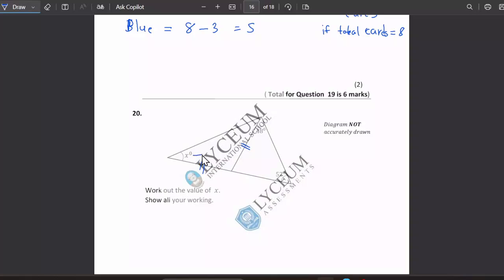So then I can put x here also, because when two sides are equal, then both those angles are also equal.